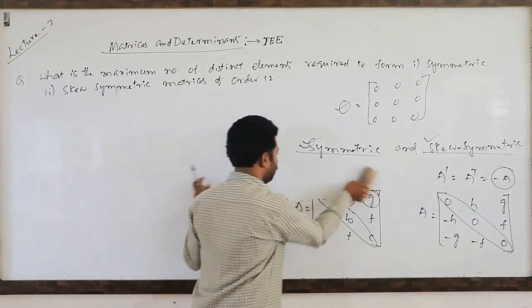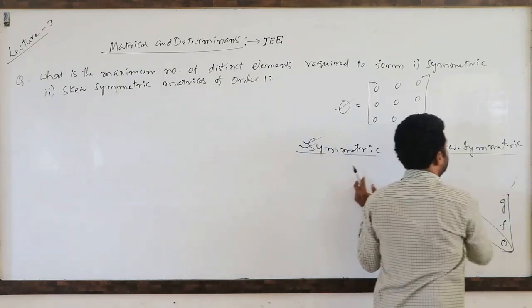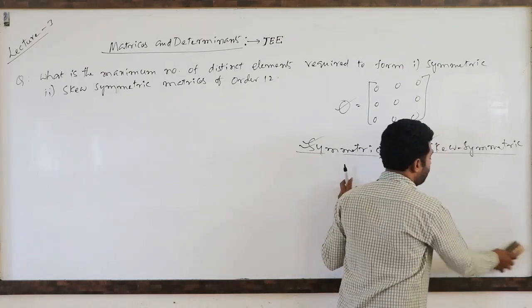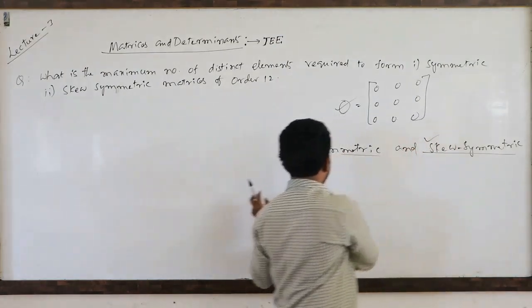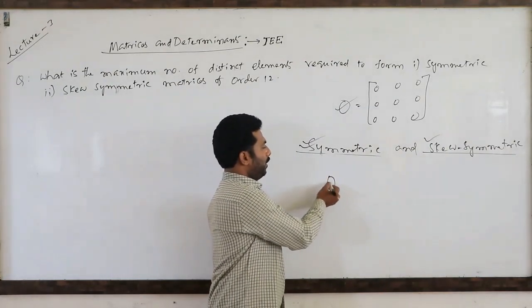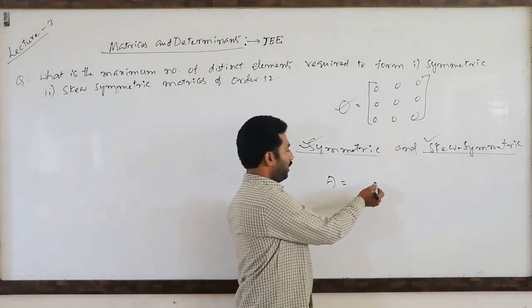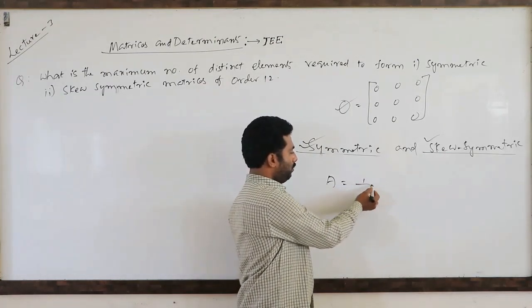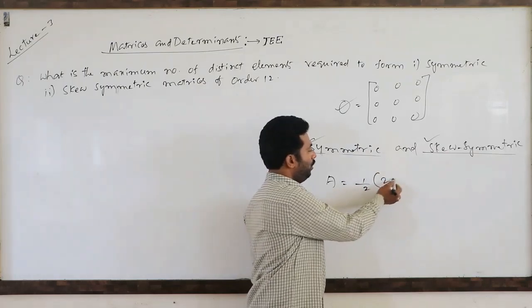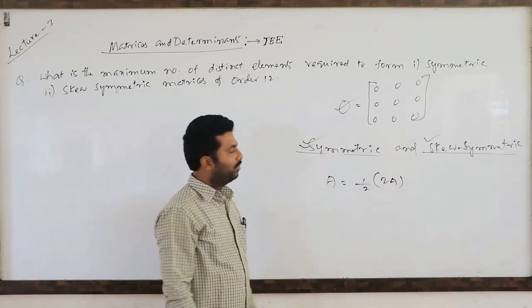One more question. Any square matrix can be expressed as the sum of two matrices, one symmetric and another skew symmetric. For example, A is a square matrix. So A can be written as 1 by 2 into 2A, because the 2 cancels and again A will come.